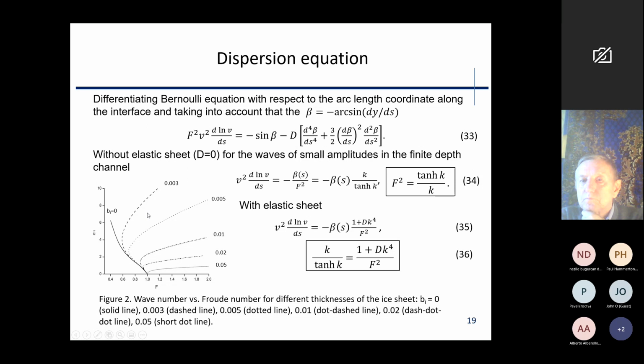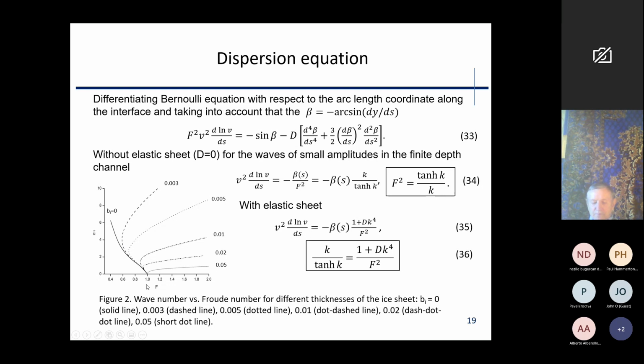Here is shown the solution of this equation for different thickness of the ice sheet. Without ice, this is the solid line. We have wave numbers, one solution in subcritical channel flow and in supercritical, but when the elastic sheet is present, we have two critical Froude numbers.